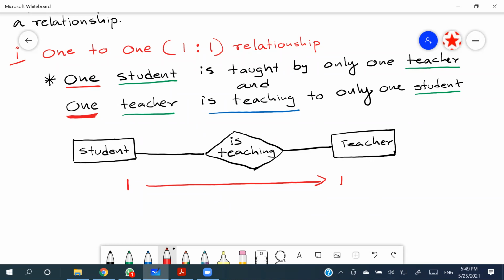And again, the next line says one teacher is teaching only one student. That is when we are reading from teacher to student.